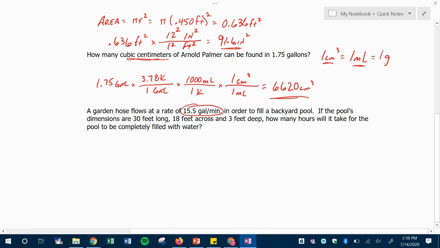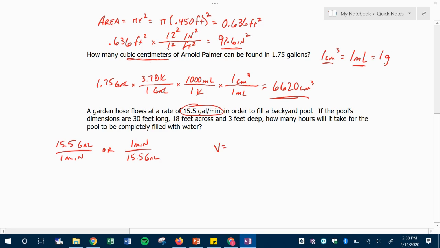So remember, if it's 15.5 gallons per minute, that means we could use it as a conversion factor as 15.5 gallons over 1 minute, or 1 minute over 15.5 gallons. So that's just something to keep in mind. So we don't want to start with that because it's giving us a conversion factor that we can use throughout our question. So with that in mind, what we should be starting off with is the dimensions of our pool.